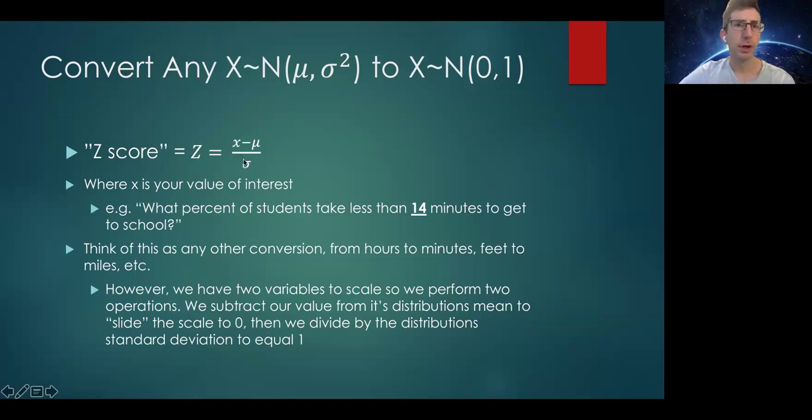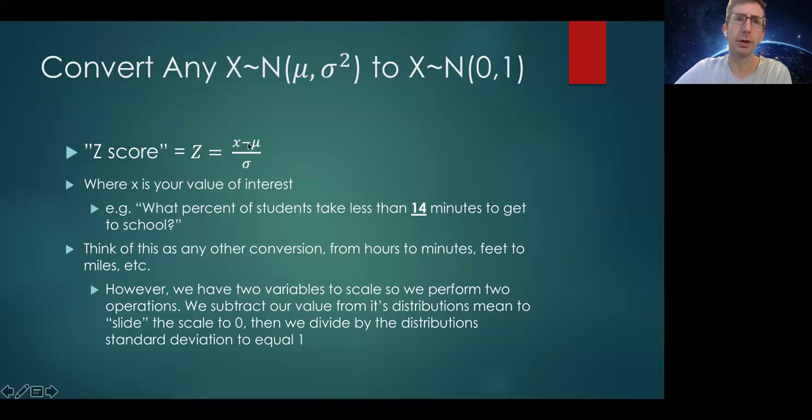So this is the formula. You take x, which is the value of interest that you're asked about. This would be, for example, what percent of our gorillas have a lifespan of less than 23 years? X would be equal to 23 in that case.